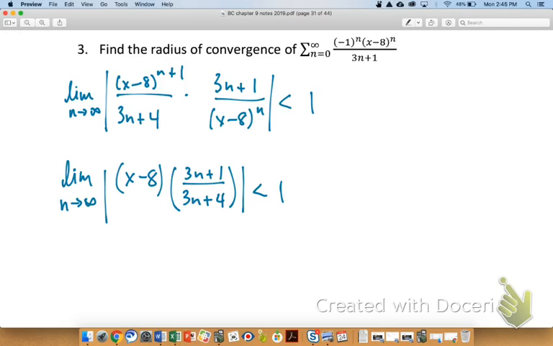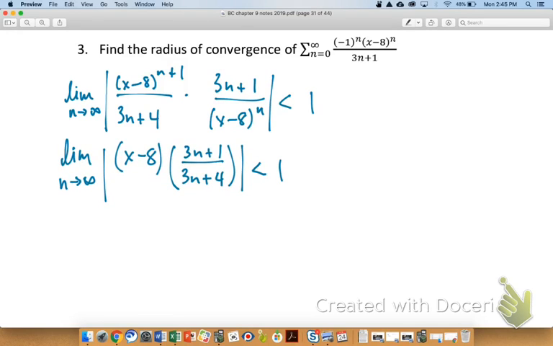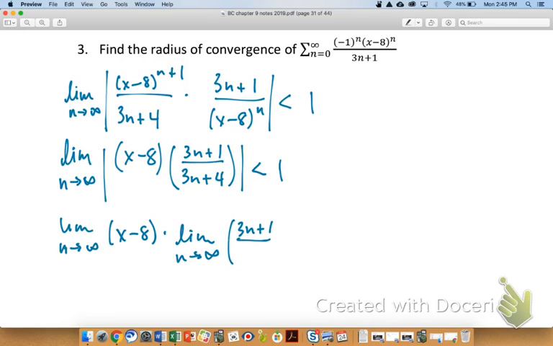Okay, so remember that with a limit of a product, as long as the limits exist, you can do the product of the limits. So I'll rewrite this a little bit: limit as n goes towards infinity of x minus 8 times the limit as n goes towards infinity of 3n plus 1 over 3n plus 4, and all that is supposed to be less than 1.